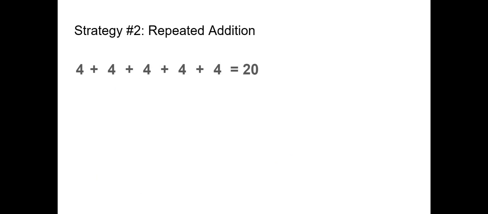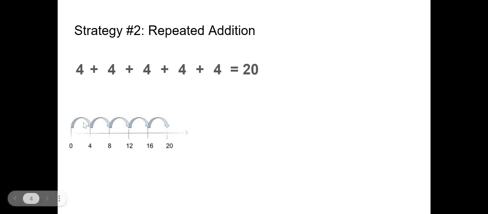Now, the reason I call this the 2-for-1 special is because you also could use a number line to represent repeated addition. So on this number line here, each one of those little humps represents one of our groups, if you think about the equal groups.